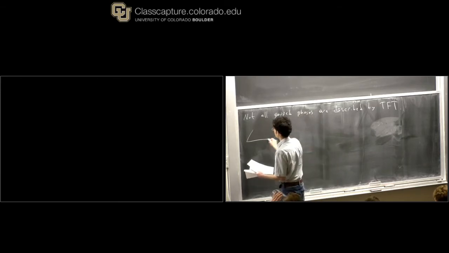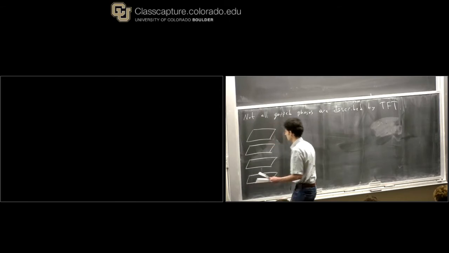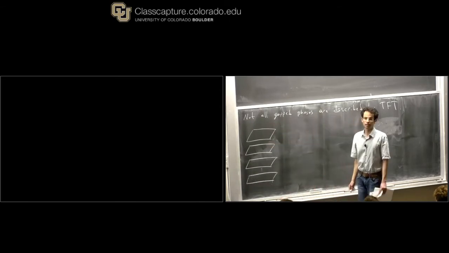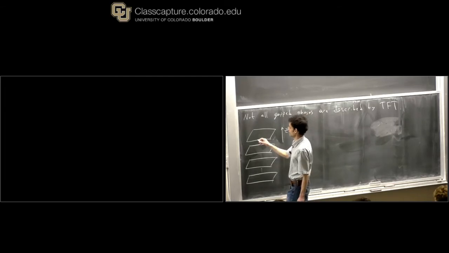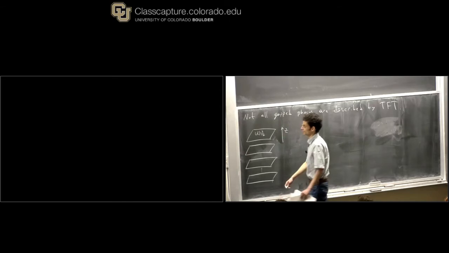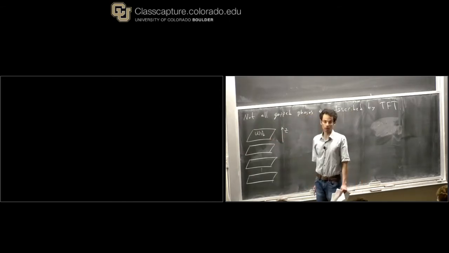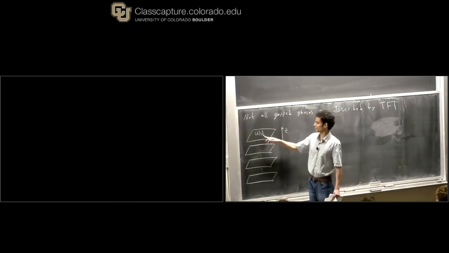So let's just take a stack of two-dimensional phases with intrinsic topological order. Stack along some z direction, so let's call this z. If you wish, this can be like one of the theories that Greg discussed last week. Say it's U1 Chern-Simons theory at level 2.